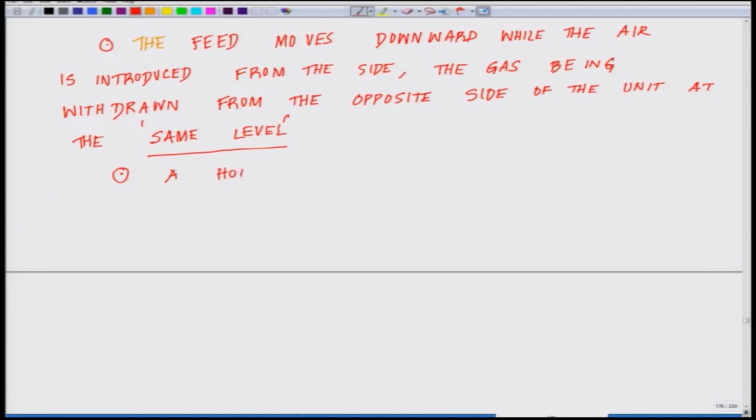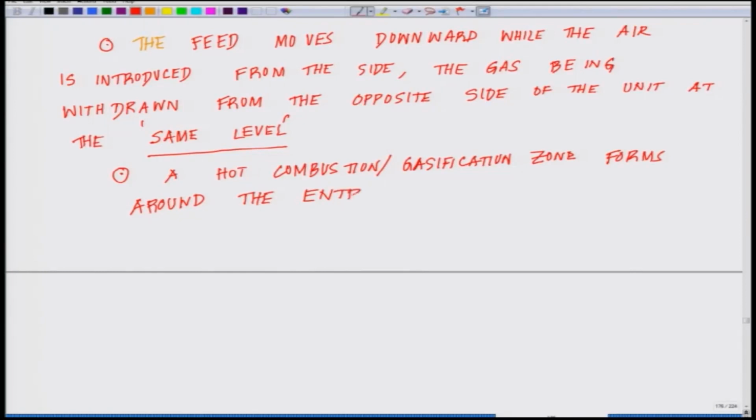A hot combustion slash gasification zone forms around the entrance of air.